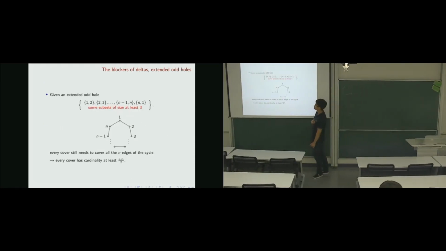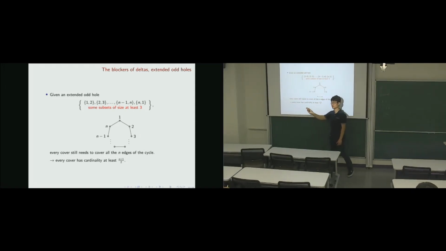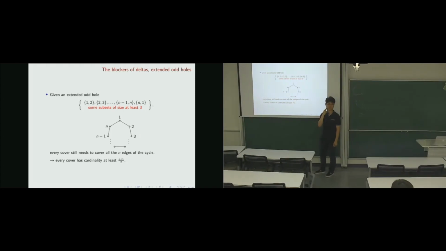But for extended autos, because of its hyperedges, it might be hard to analyze exactly how the picture looks. But one thing one can say is that every cover has cardinality at least (n+1)/2, because you have to cover the edges at least.